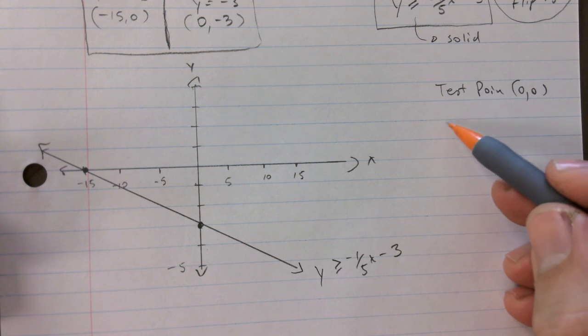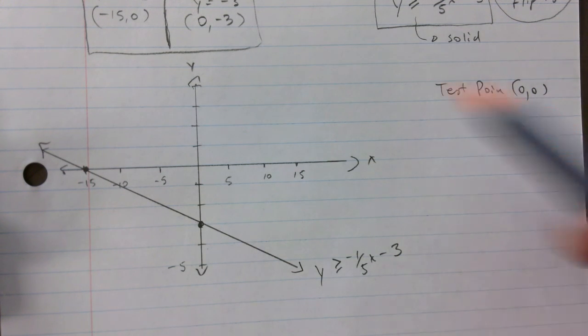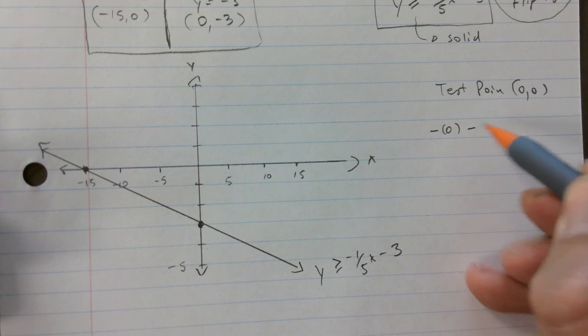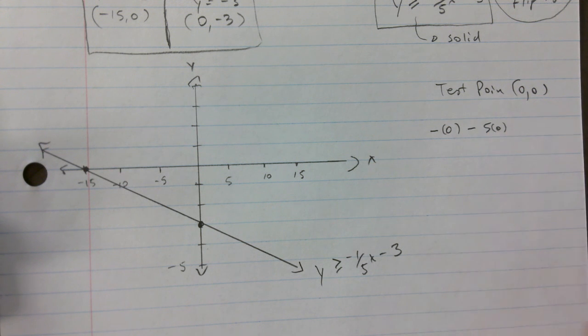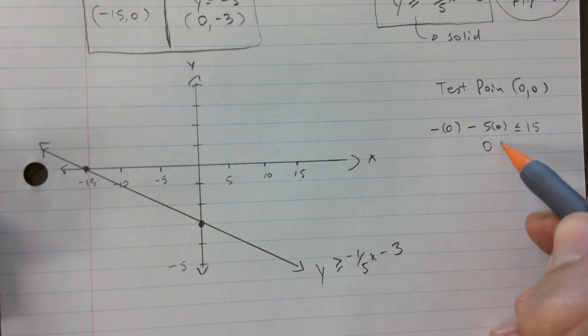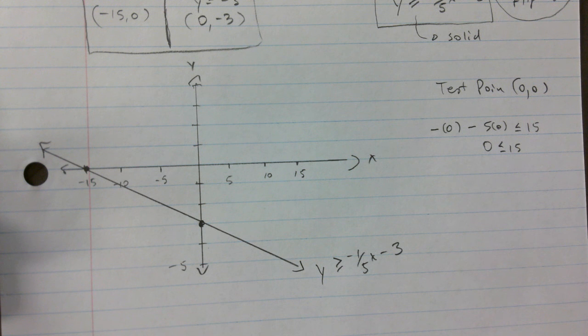Okay, so you can pick any one, but I'm going to pick this one here. Negative 0 minus 5 times 0 is supposed to be less than or equal to 15. That 0 is less than or equal to 15. Is that true? It is. It is less. It's saying it has to be less or equal to.